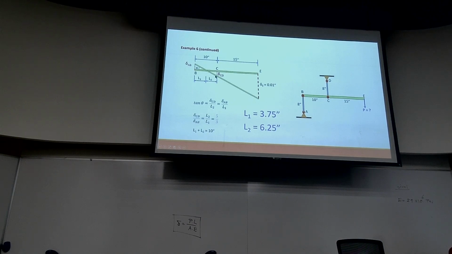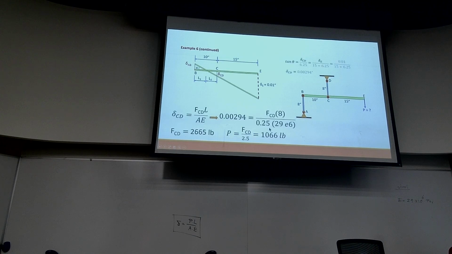From this little triangle, tangent of the same angle is delta CD divided by L2. So the ratio of deltas, which was 5/3, is the ratio of L2 over L1. Now we have two equations, two unknowns, and we could solve for both L1 and L2. Obviously, they add up to 10.